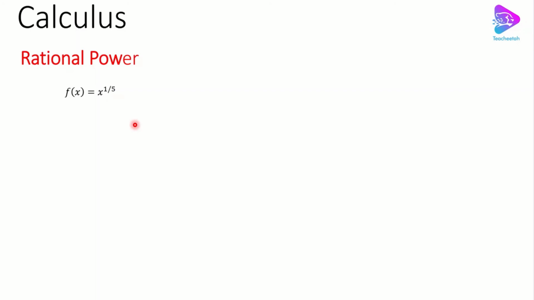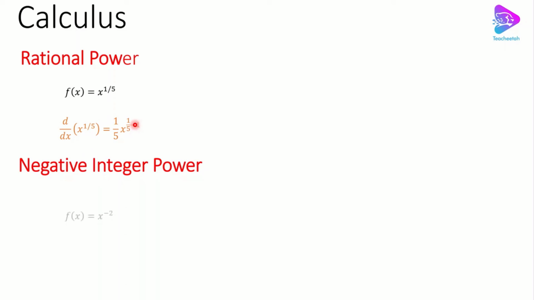We brought the power to the front of the x, to the left side, and we reduced the power by 1. Then we looked at a function with a negative integer power. We did the same, used the power rule, brought this minus 2 to the front, and then reduced the power by 1, and the answer was converted into the form of minus 2 times x to the power of minus 3.